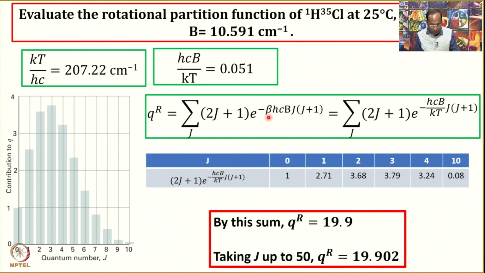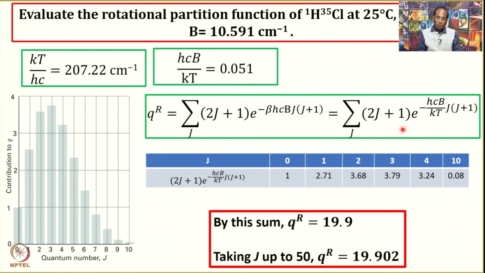Beta can be written as 1/kT, so the exponent becomes hcB/kT times J(J+1). Here we need to decide whether we should go by this explicit summation method or can we use the high temperature approximation result, that is q_R = 1/(σβhcB).